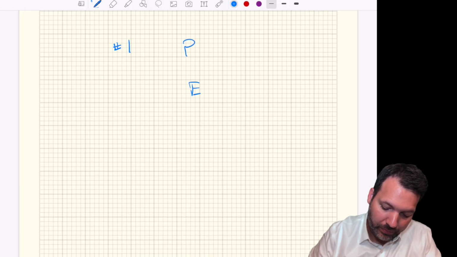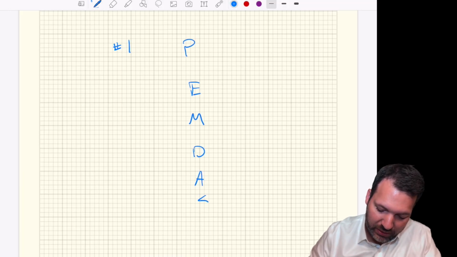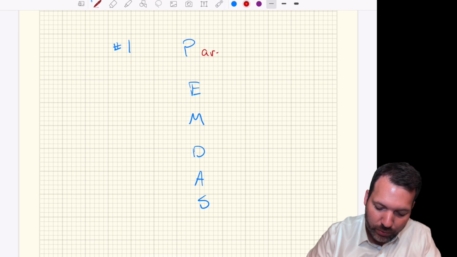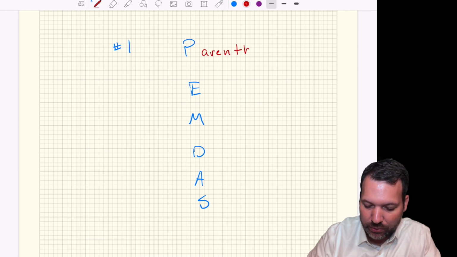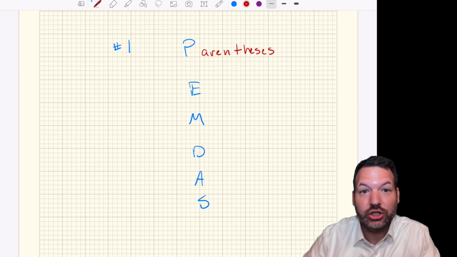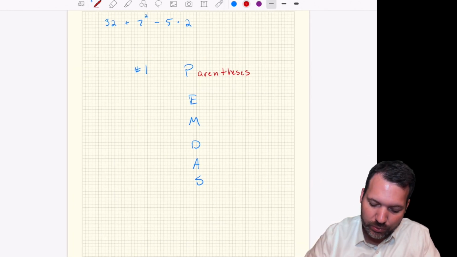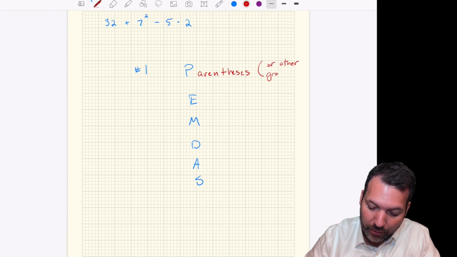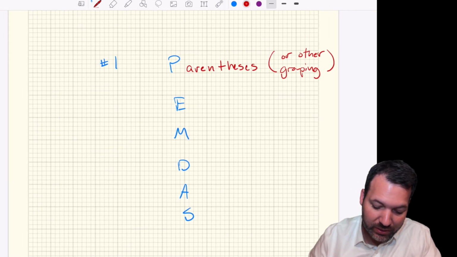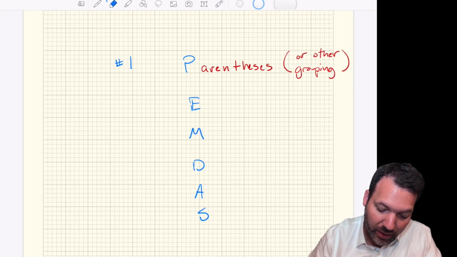It's about communication. Number 1 is going to be parentheses, although really we could just say grouping symbols. In fact, I like to say GEMDAS, not just PEMDAS, because any grouping symbols will do. Whether it's brackets or braces or parentheses really makes no difference whatsoever.